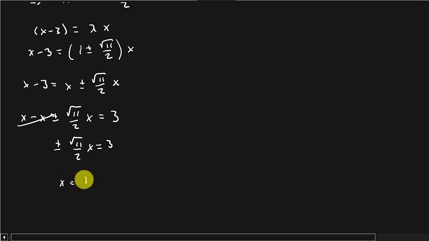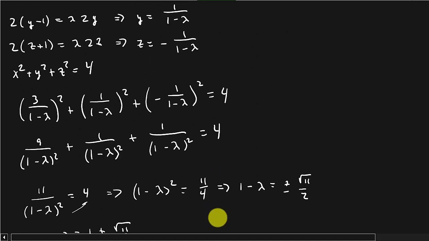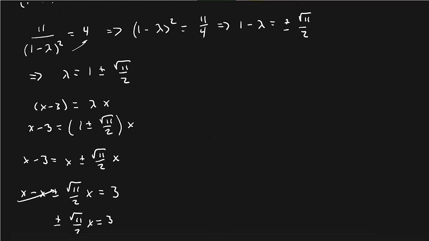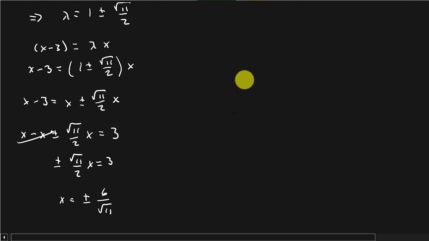Well, that's going to give me x is equal to plus or minus 6 over square root of 11. All right, so there's x. And you would do that to get y and to get z.